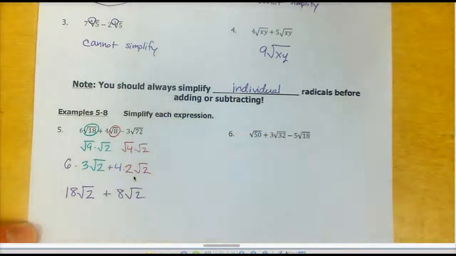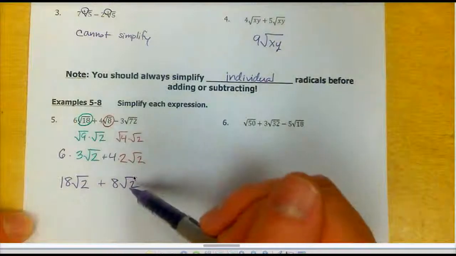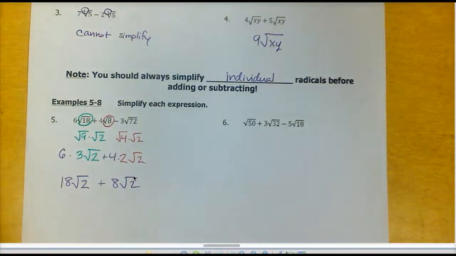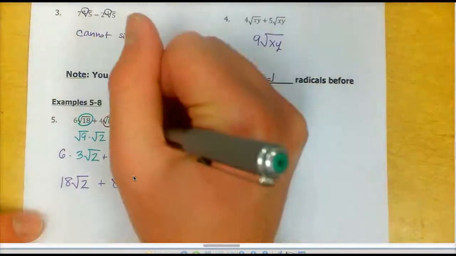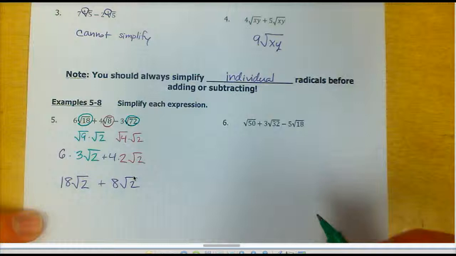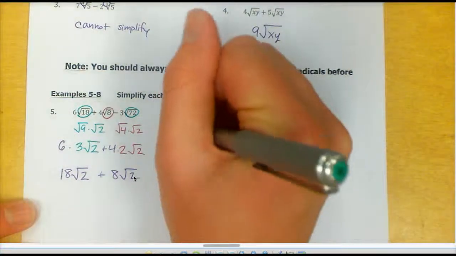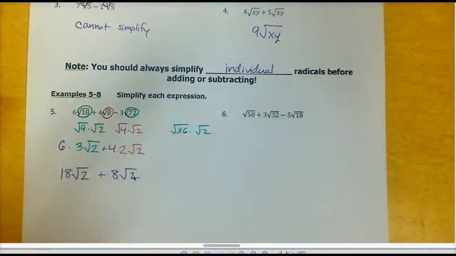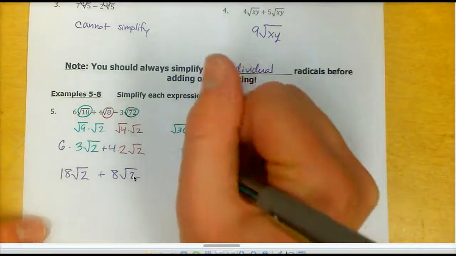So that second term there, we get 8 radical 2. And then lastly, negative 3 radical 72, we can split up radical 72. That'll split up into radical 36 times radical 2, which just becomes 6 radical 2.